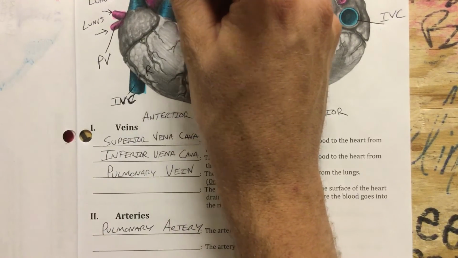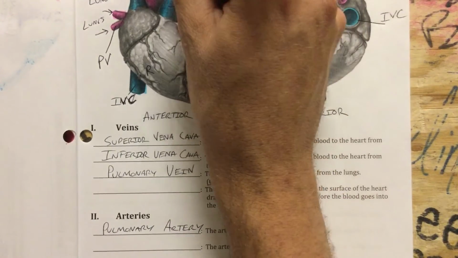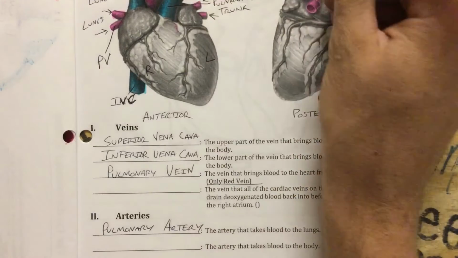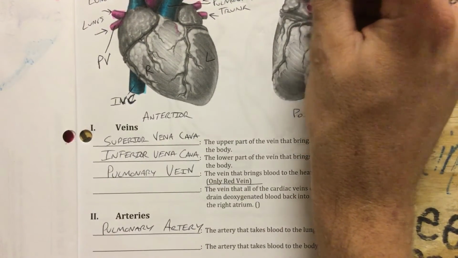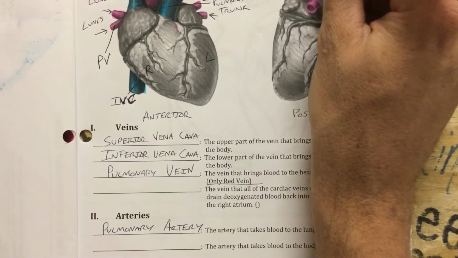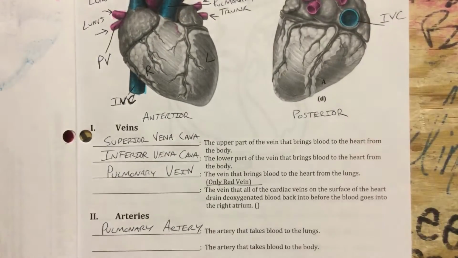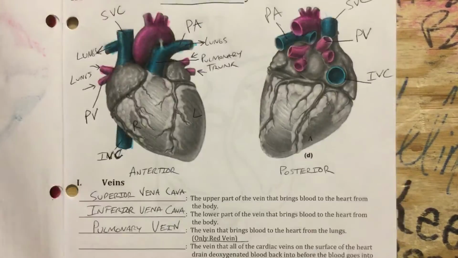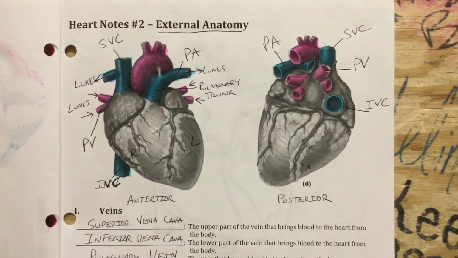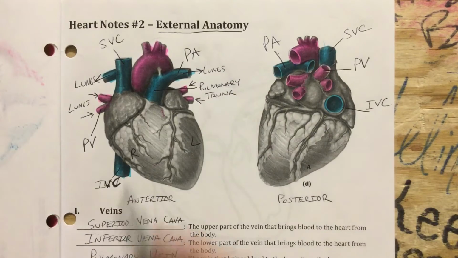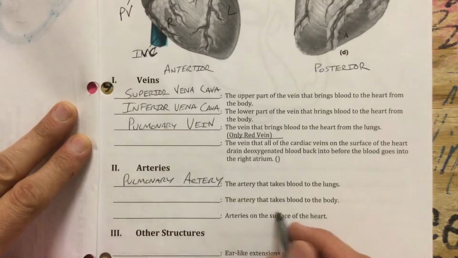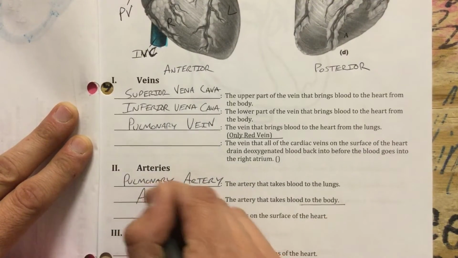And so the aorta is the major artery of the body. And there it is from behind, right there. It is the thickest artery you've got. And so that is the aorta. The artery that takes blood to the body is the aorta.